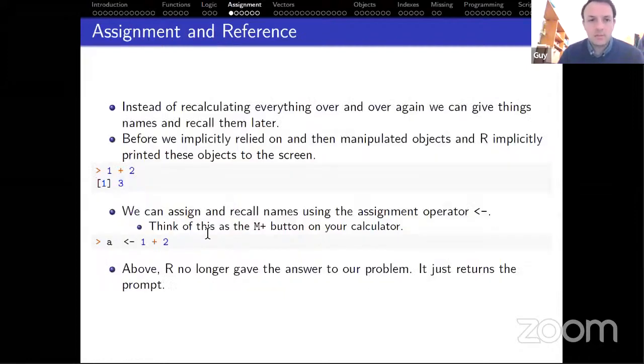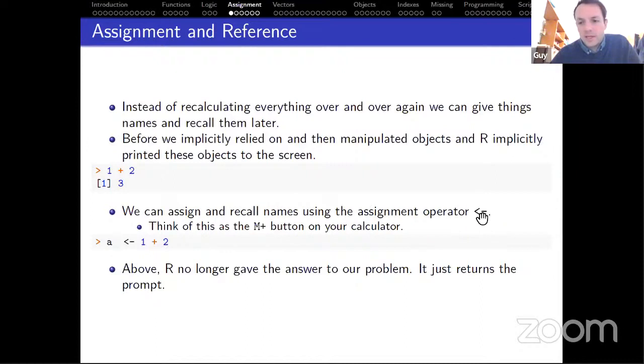Okay, so next part to talk about is assignments and referencing. So far, a lot of the time we've been typing into R directly, and we've been just doing some basic operations. But like I briefly mentioned in the last set of slides, we can assign or recall operations that we've done using this assignment operator, which is the arrow.